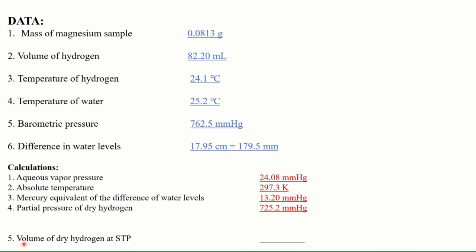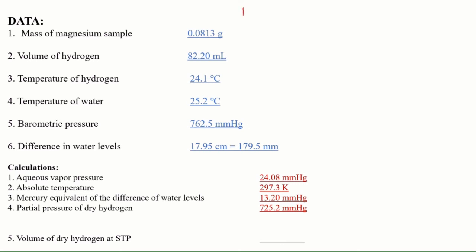So we need to use the combined gas law. And if you remember from the ASA video, the combined gas law is a combination of Charles' law and Boyle's law. So we could use the combined gas law to solve for line number 5 of the calculation. Let's begin by stating what the combined gas law is.